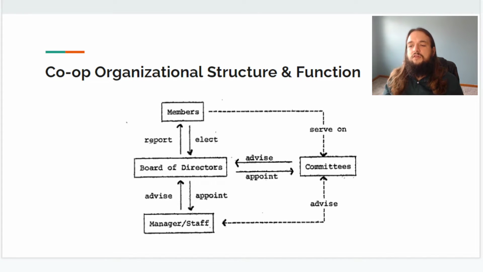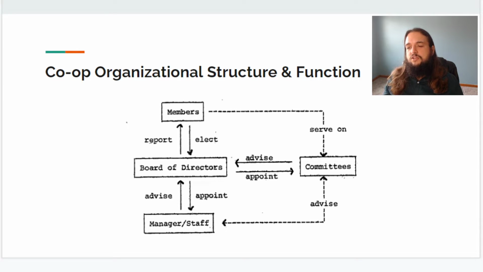There's a lot of interdependence in the way that boards are structured in cooperatives, and this is also how a lot of businesses are structured in the corporate world. So if you feel like, oh, this is too corporate for a co-op, I understand that criticism, and I understand that you want to keep things non-hierarchical and make sure that people's voices are heard.